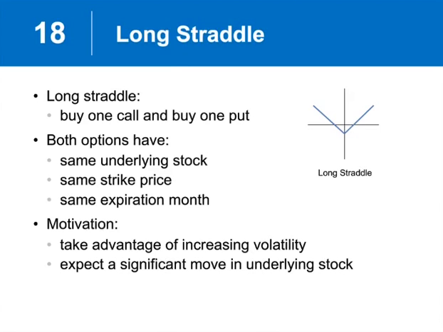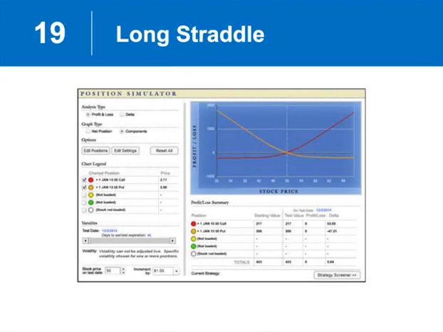So in our example, you can see the long call, the red line, gives us potential profits to the upside. The long put gives us potential profits to the downside. That's the goldish line. Now let's just talk through the delta of a long straddle.